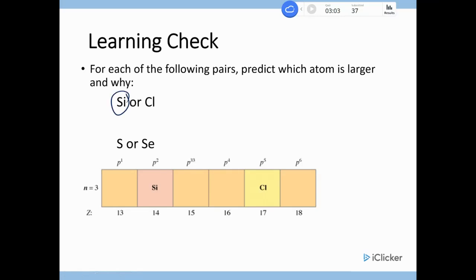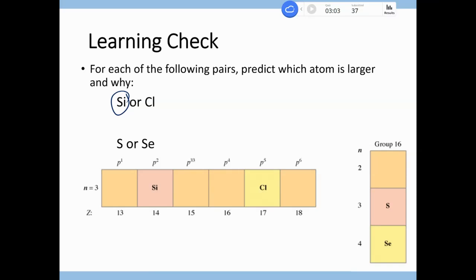And then how about sulfur versus selenium? Selenium, and why is that? Selenium is larger, it's lower on the periodic table. So that means that the electrons in the outermost shell of selenium are in a larger orbital. They're further away from the nucleus.